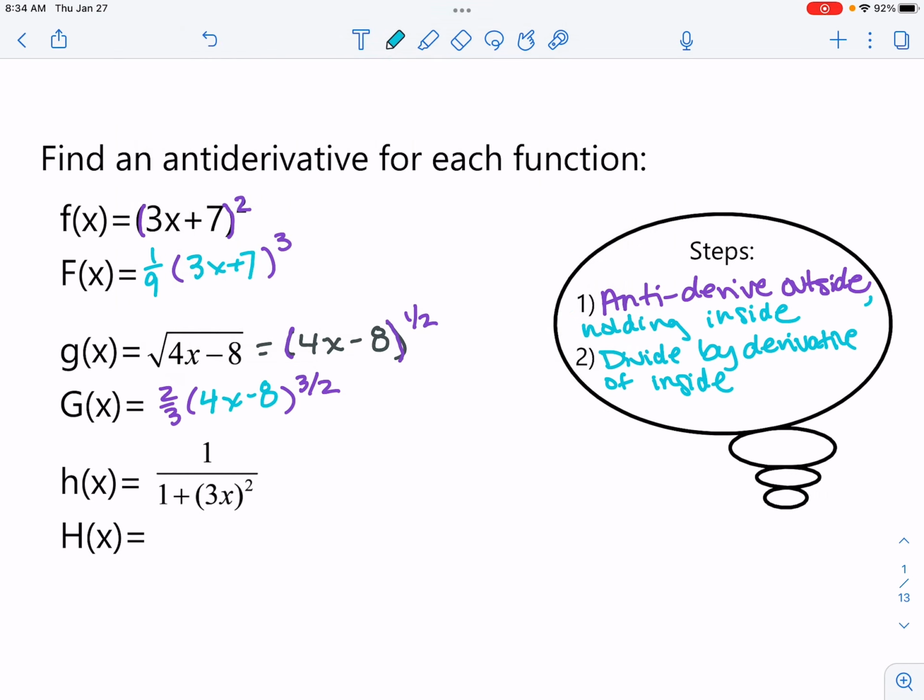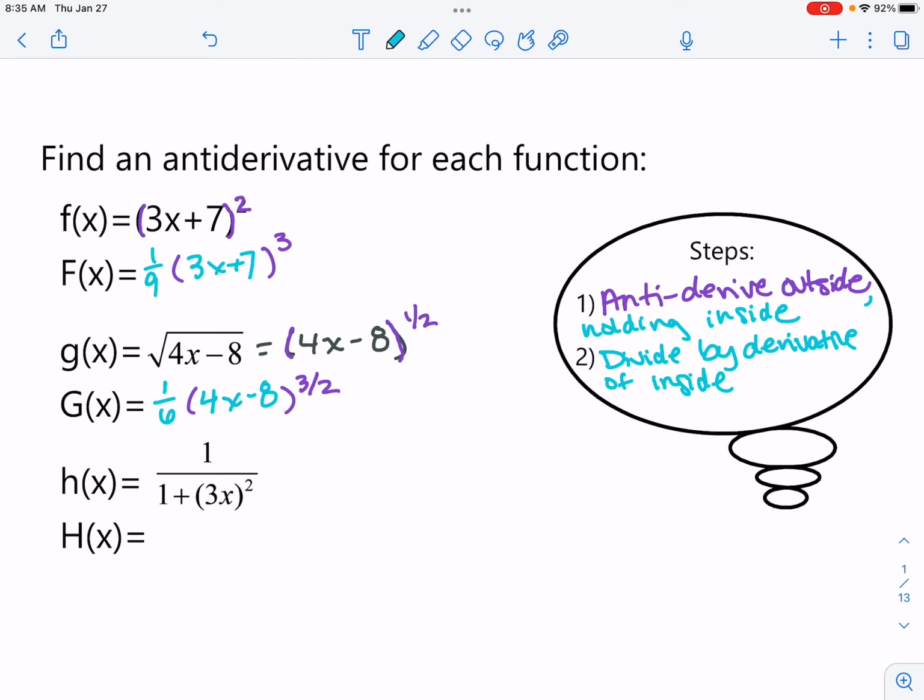All right, now step 2, we want to divide by the derivative of the inside. Well, the derivative of the inside is 4. So when I divide by 4 or multiply by 1/4, my new fraction in the front there becomes 2/12. So why don't we change that to 1/6? And of course, you can have any constant plus c there as well.